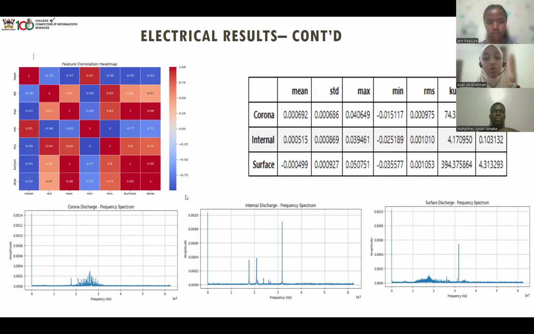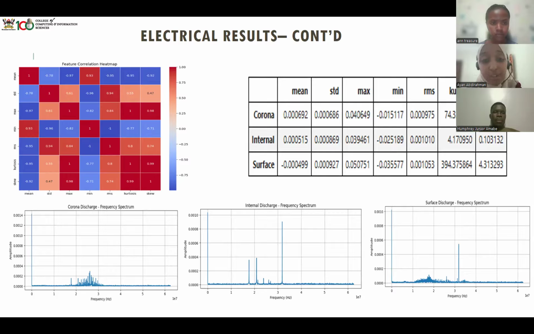Then when you look at the feature correlation at our top left, the correlation heat map shows us that the RMS and the standard deviation are highly correlated, meaning they capture similar information, so therefore we'll have to remove one of them, as they're both talking about the signal energy.